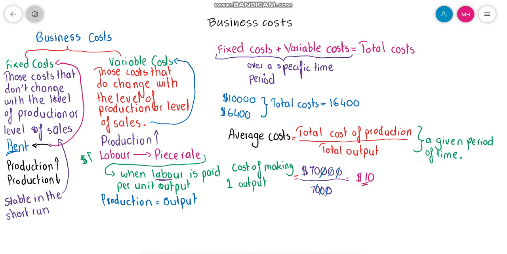Now what do businesses use all of this for? They use it for three main reasons. Number one, to set prices of the product.